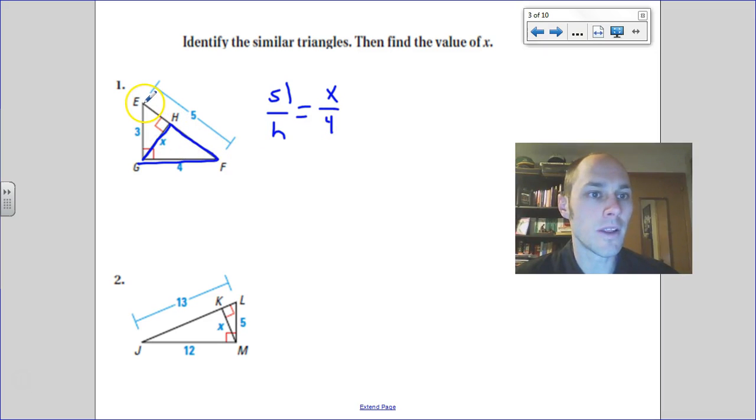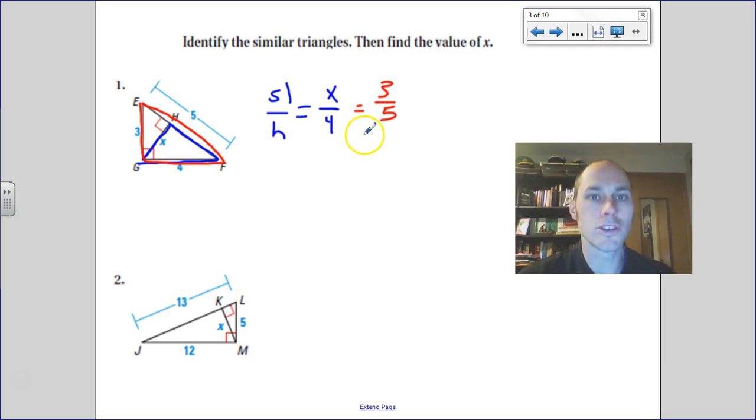So if I look at the big triangle, I've got the hypotenuse given, which is 5. So make sure when you match up your proportions, match up corresponding parts. That's why I labeled that outside here, so I know which one goes on top, which goes on bottom. And then the shorter leg would then be 3. I have 2 legs, but the shorter one is 3. So now I've got a proportion I can solve.